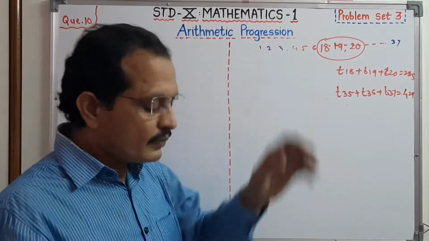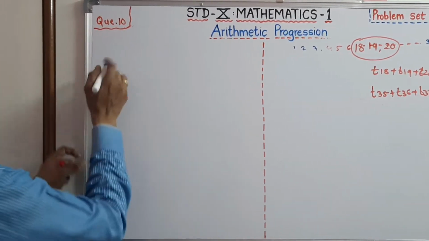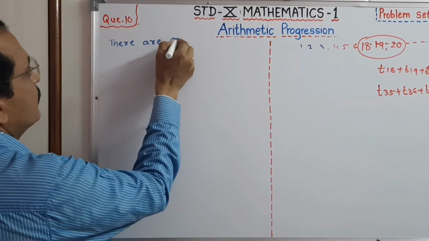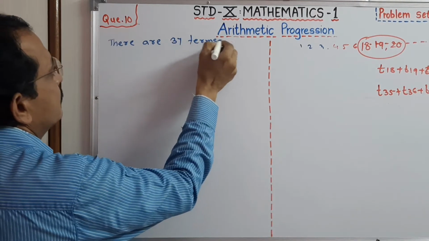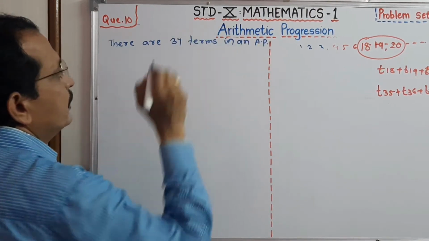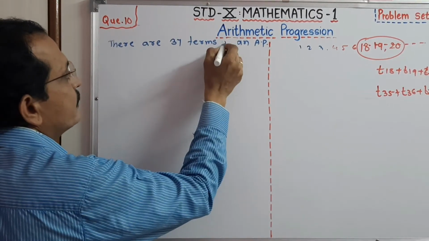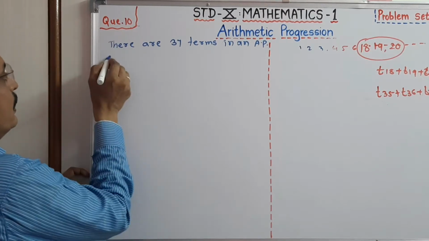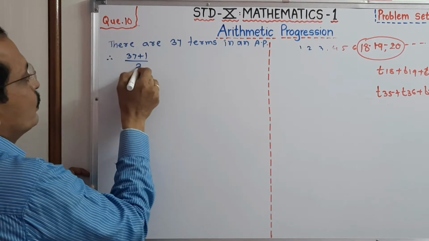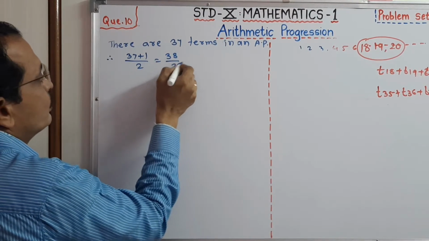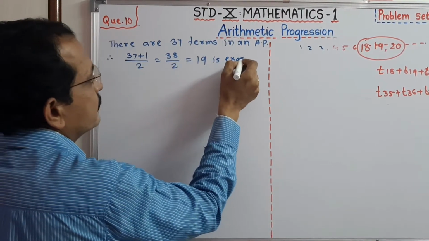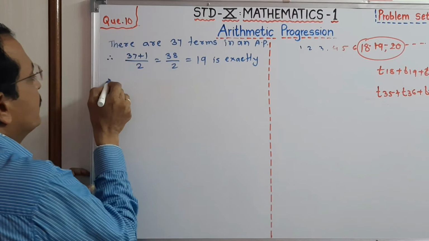Now see, there are 37 terms in an AP. Therefore, 37 plus 1 upon 2 is equal to 38 upon 2 is equal to 19, which is exactly the middle term.